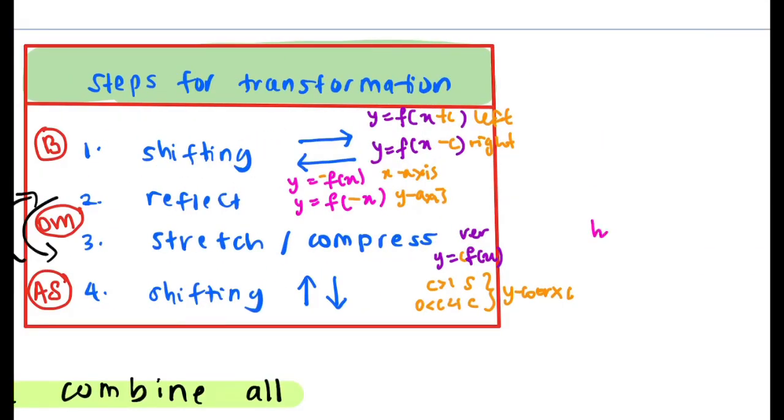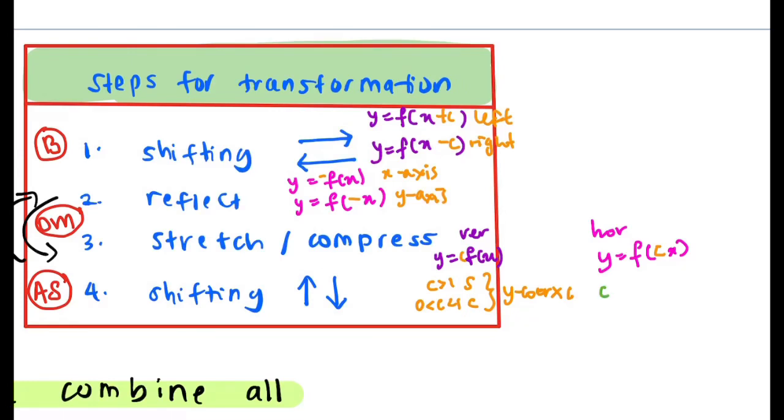How about horizontally? Horizontal stretch or compress will happen when you have c multiplied inside of your function. When c is multiplied inside of your function, meaning that something will happen towards your x-axis, so this is stretch or compress horizontally.